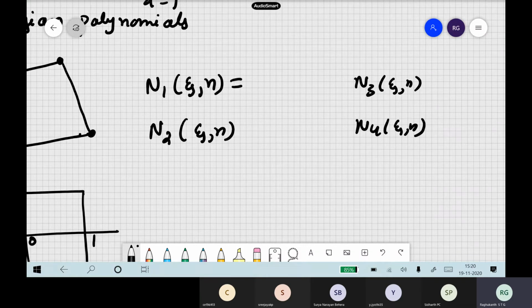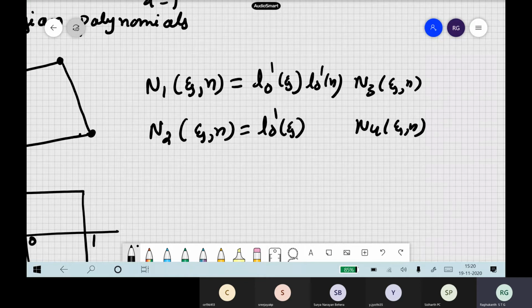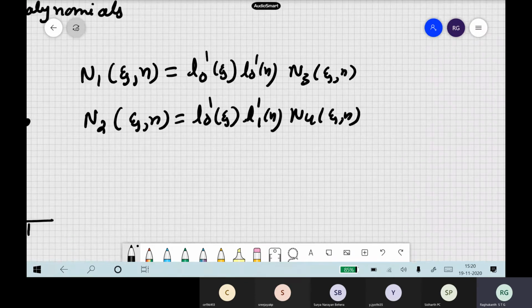We use Lagrange polynomials there, the multiplication l0 of psi with l0 of eta. Oh sorry, I think I made a mistake.